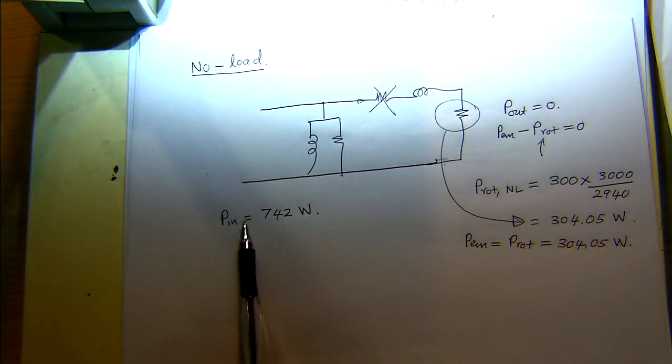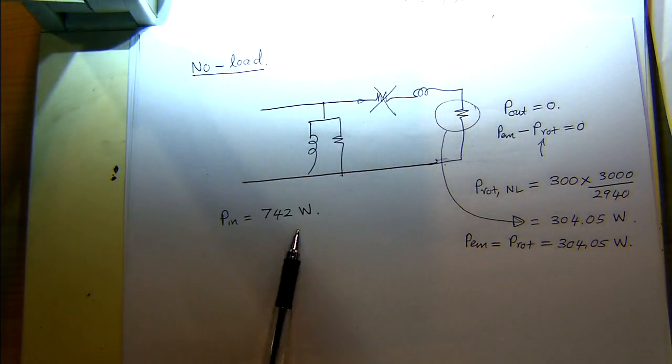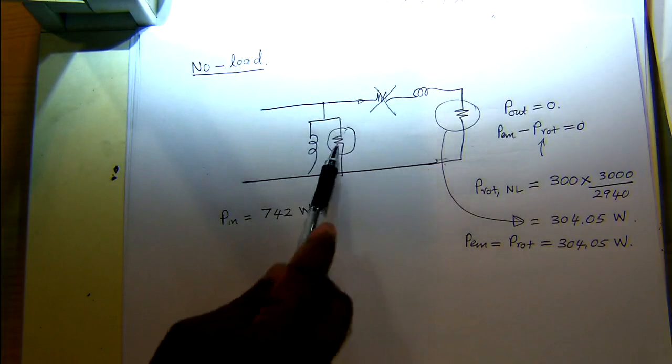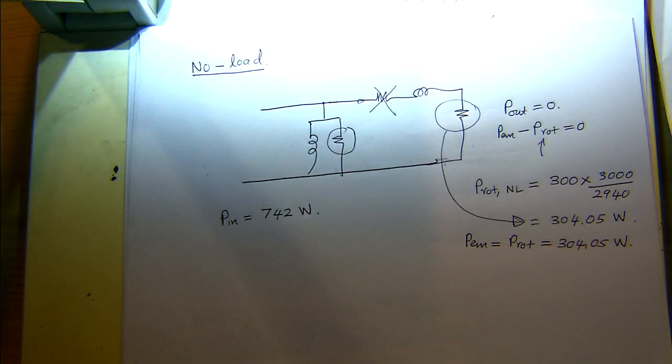So we need to subtract this from the input power. That gives you roughly the power losses in this shunt core loss resistance.